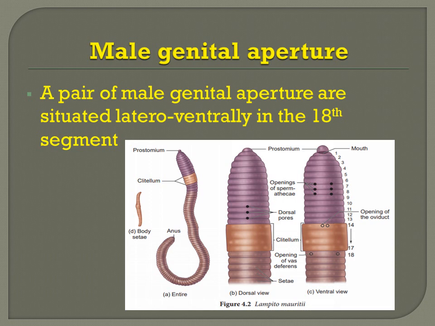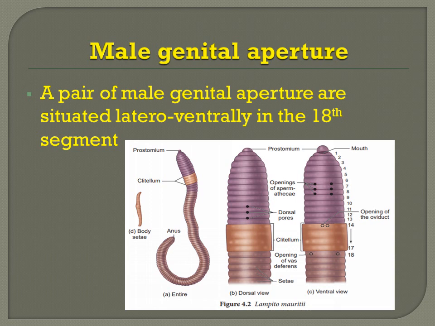Next one is regarding the male genital aperture. Here also only one pair is there, present on the ventral side. A pair of male genital apertures is situated lateroventrally in the 18th segment, the lateral and ventral side, in the 18th segment.